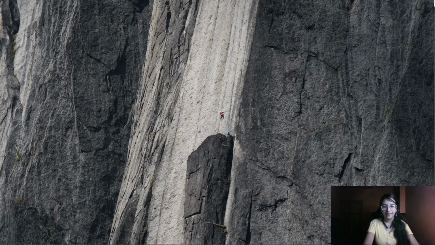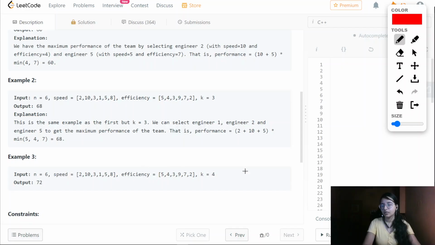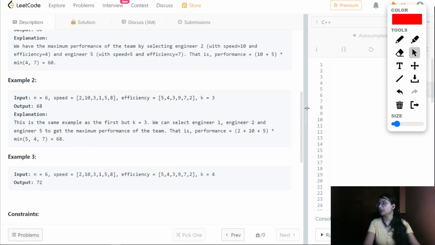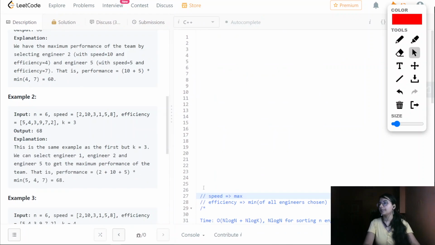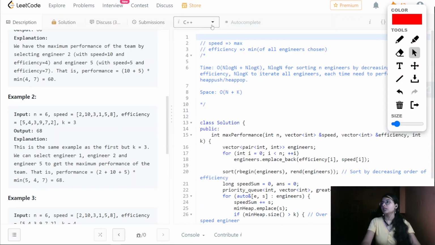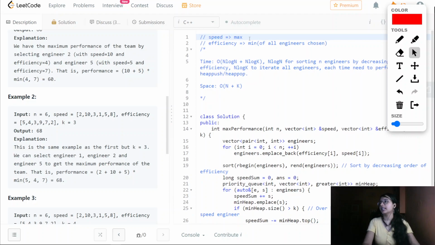So here comes the part for the coding. Now let me show you the coding part of the same. At the start I was thinking in that manner only: speed is maximum and we are required to get the minimum efficiency of all the engineers being chosen, that is k.